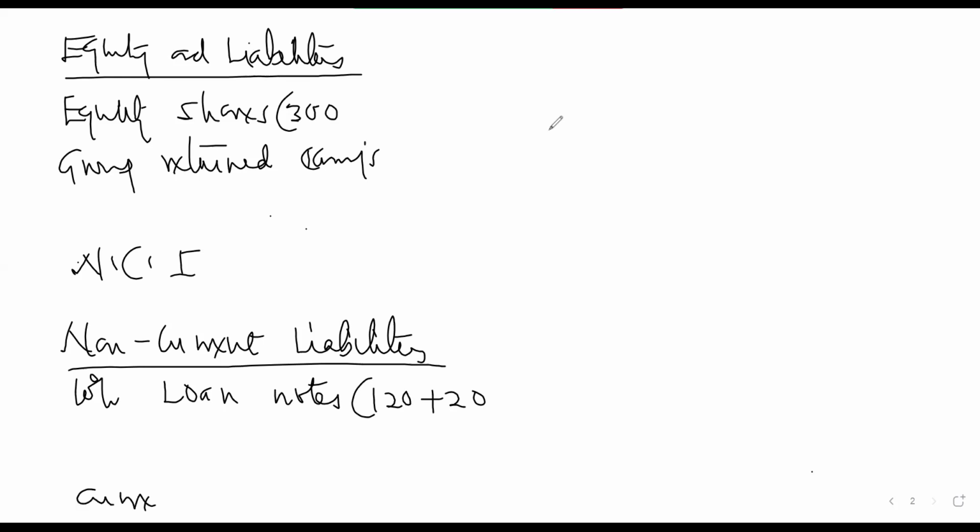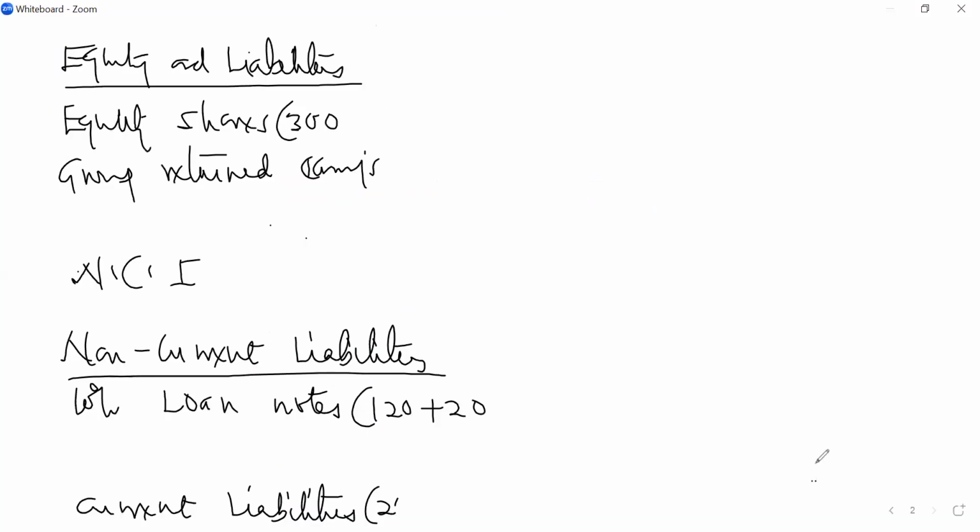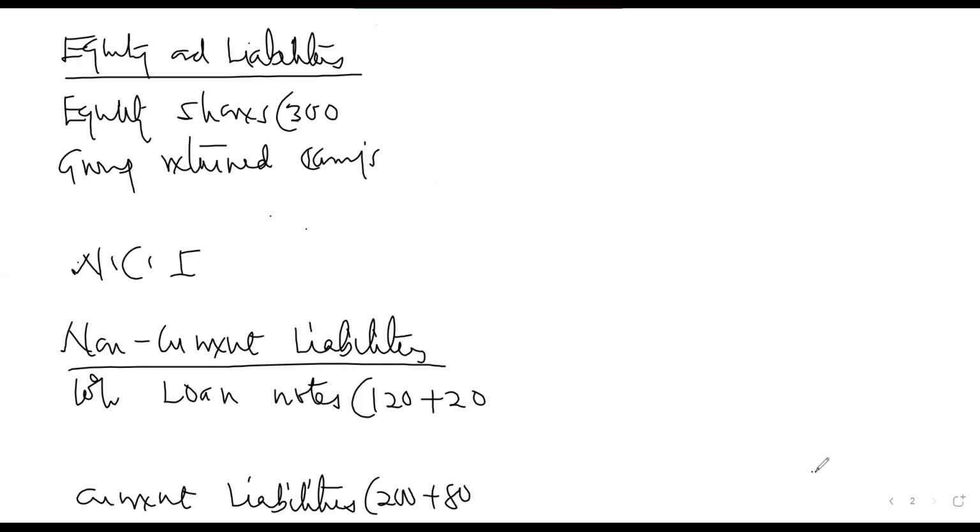So you come to your current liabilities. What is the figure for the current liability? 208, 200 plus 8.